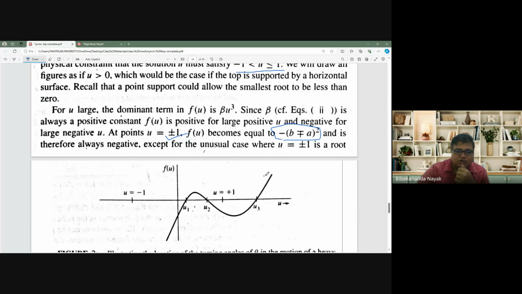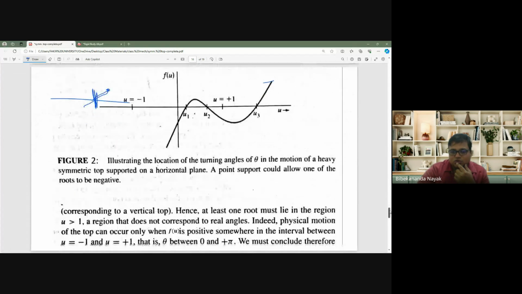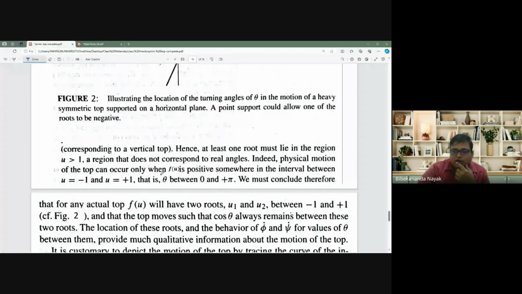Suppose there is a positive value at large u and a negative value at -1. What does it imply? There must be a crossing over, so there must be a root, where f(u) is 0. So one root must lie in u greater than 1.